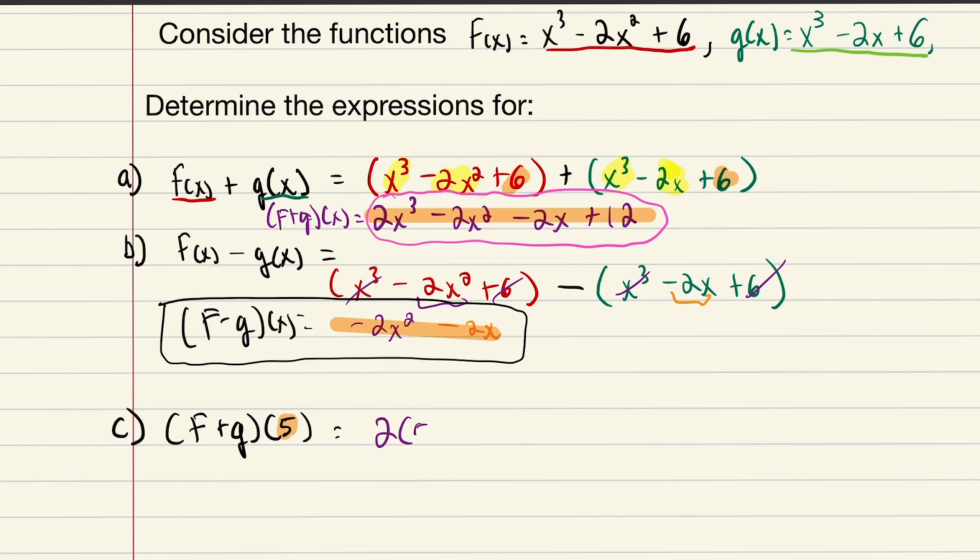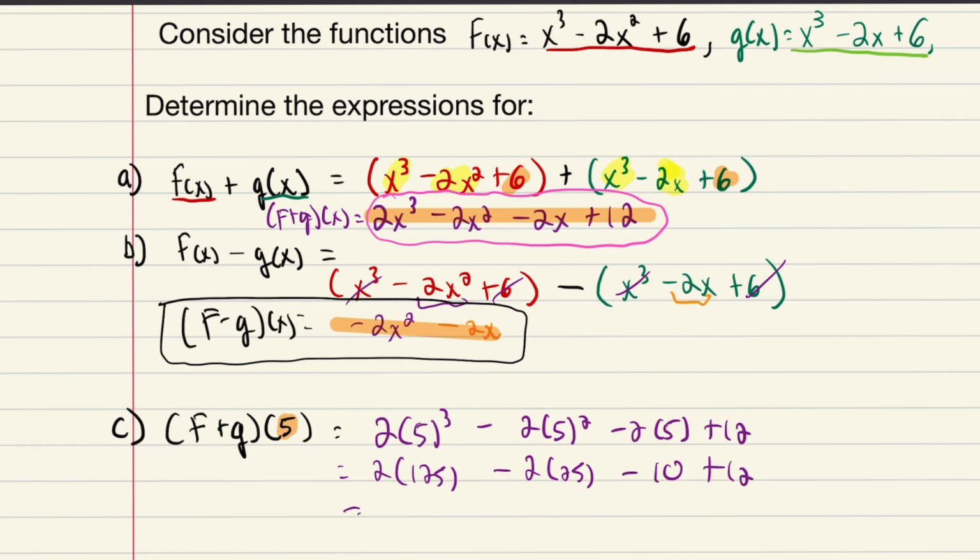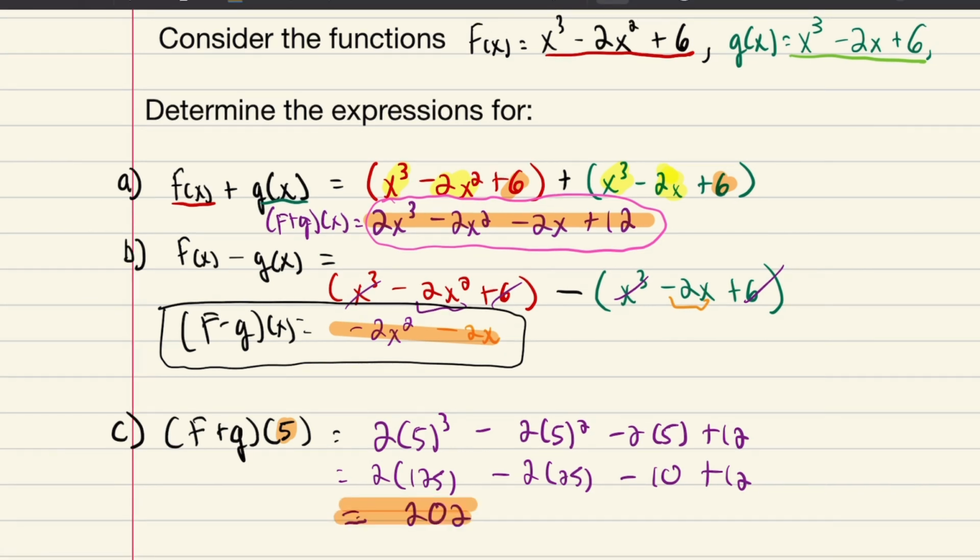We'd have 2 times 5 cubed minus 2 times 5 squared minus 2 times 5 plus 12. That would give us 2 times 125 minus 2 times 25 minus 10 plus 12. And so when we add this all up in the calculator, we get a value of 202.